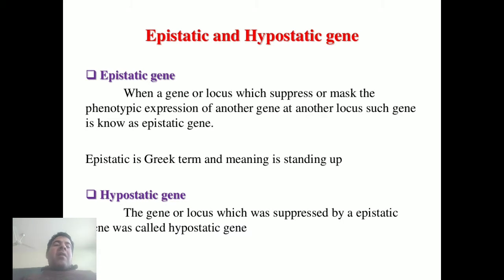And what are hypostatic genes? The genes or locus which are suppressed by the epistatic genes. Hypostatic is the suppressed gene and epistatic is the masking gene.